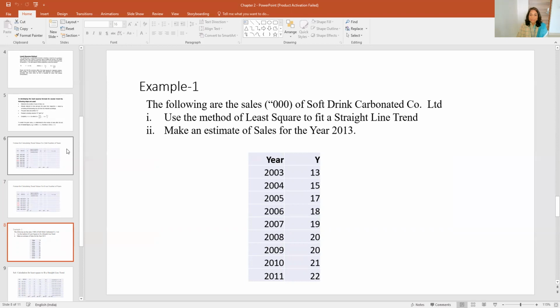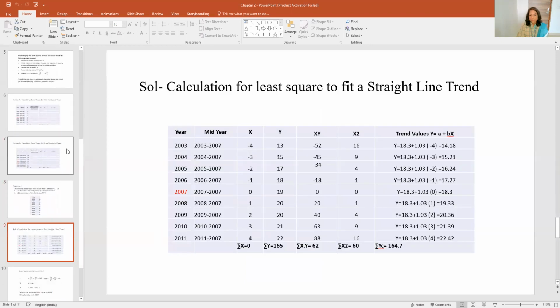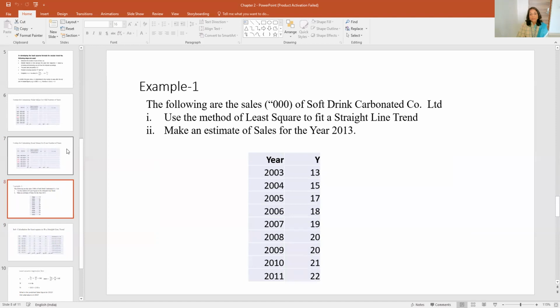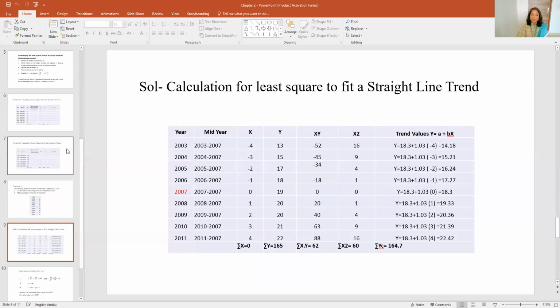The data has been given from 2003 to 2011. First we have to look at how many years of data they have given. From 2003 to 2011, there are 9 years of data, and they have asked you to fit a straight line trend. In the format, first we use year, 2003 to 2011.